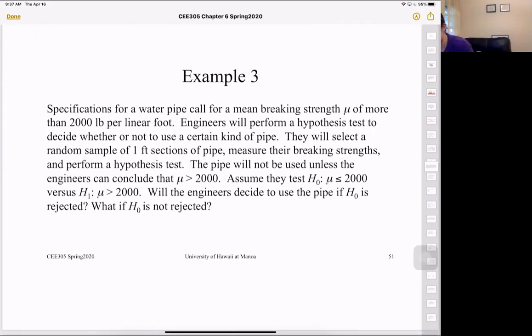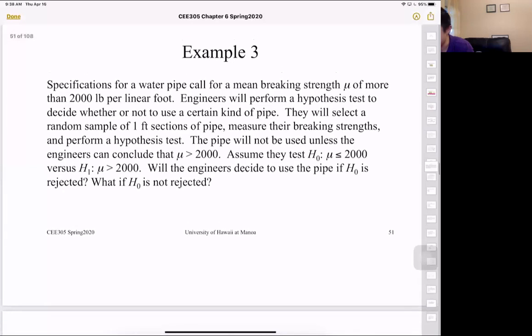The next two slides are very important. They tell us how we set up H0 and H1 and why we set them up like this. So let's look at this example. We have specs for water pipe calling for a mean breaking strength of more than 2,000 pounds per linear foot.